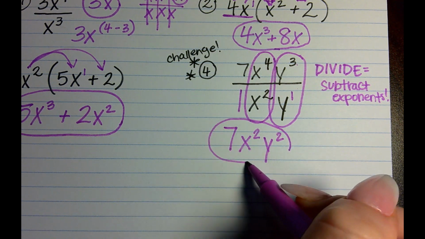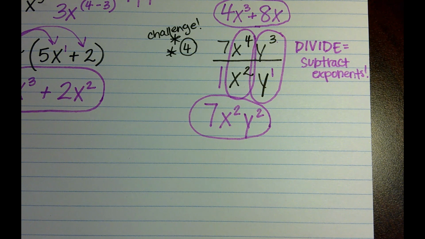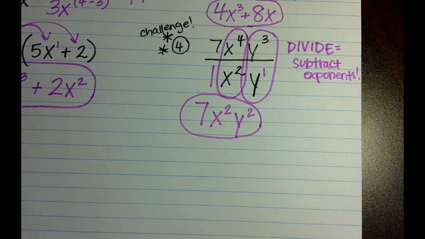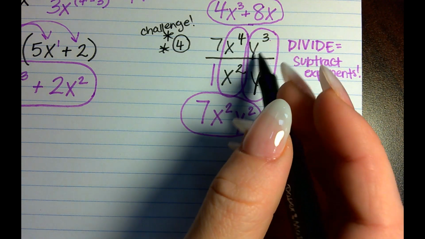Now I'm going to write this one out with our x's and y's over each other to cancel, because sometimes that visual helps. So I'm going to use different colors to show that. So my original problem is 7 x to the fourth, y to the third.